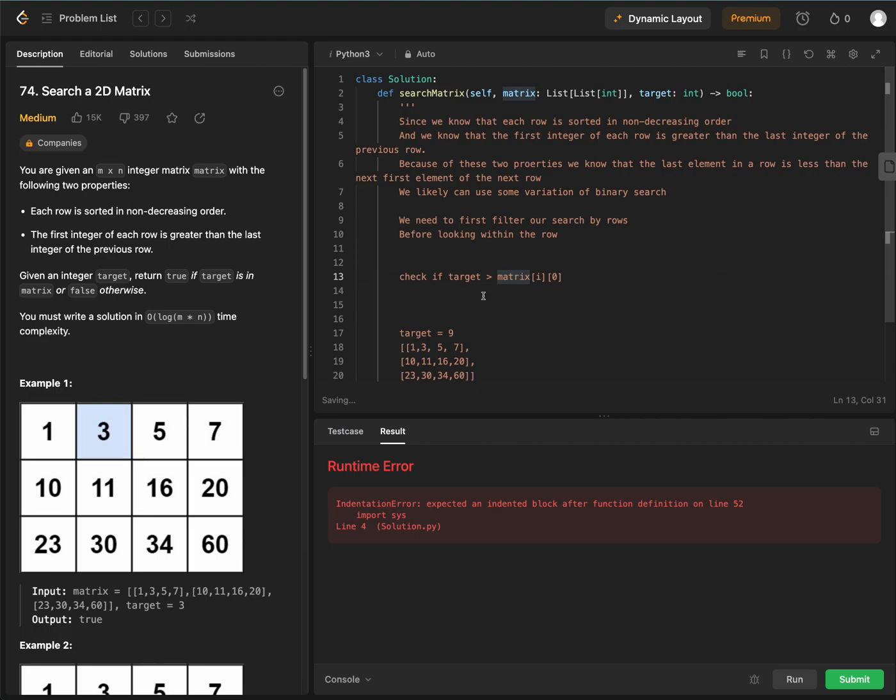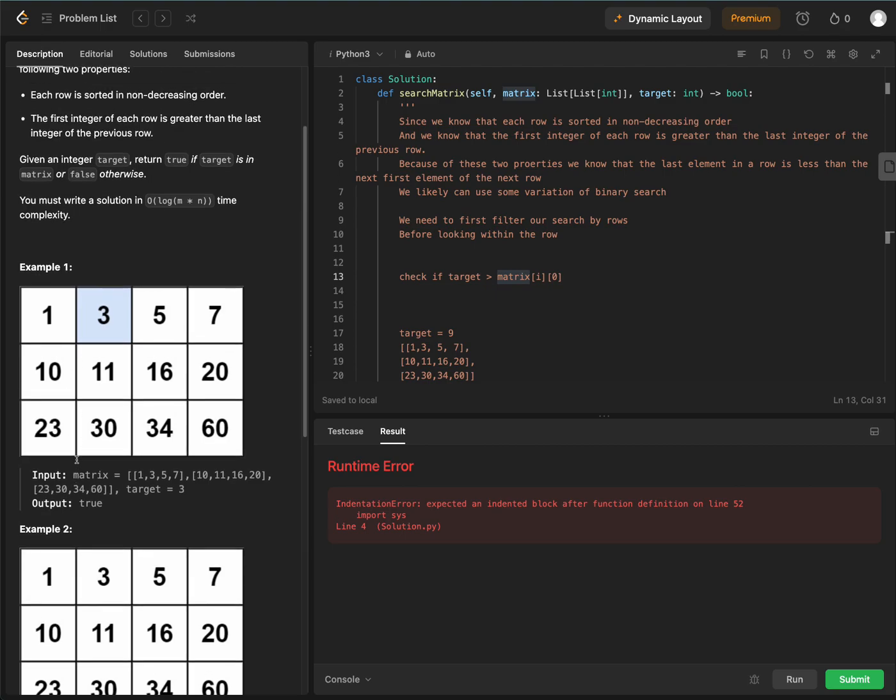So we want to check if the target is greater than matrix[i][0] to know which of these elements we want to look at within a row. And then we have all these elements here to check.